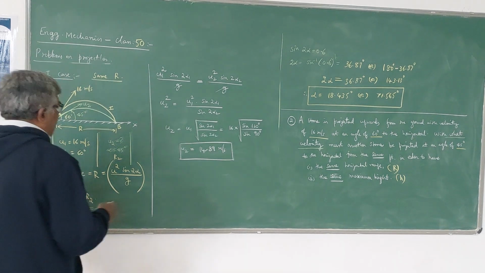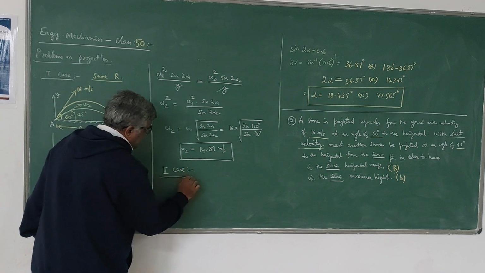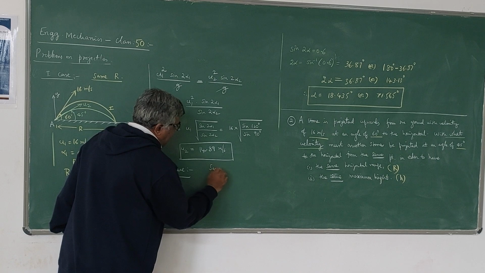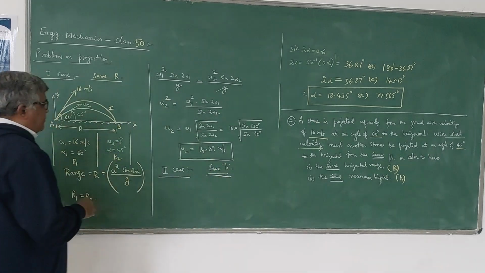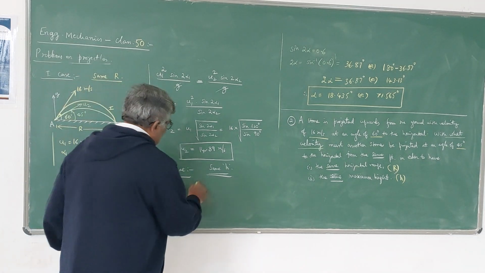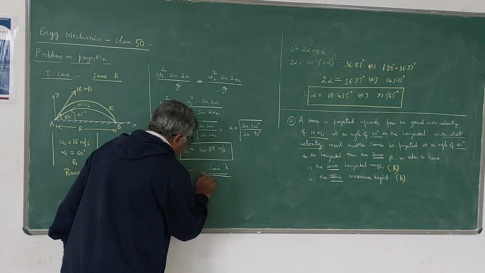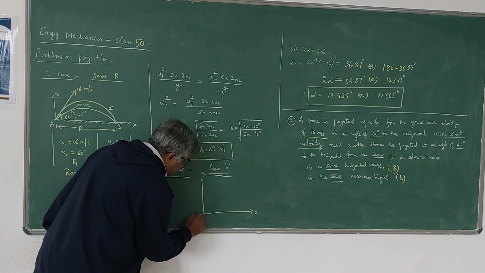Now the second case: they are given the same height. That means in this case the diagram will be like this. For the first stone, A is the point of projection.